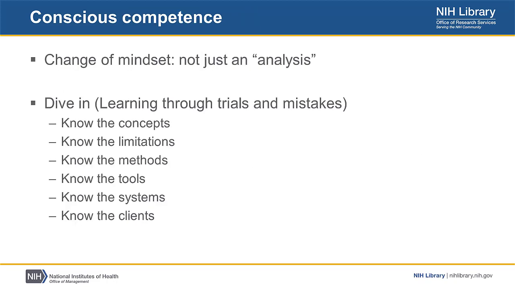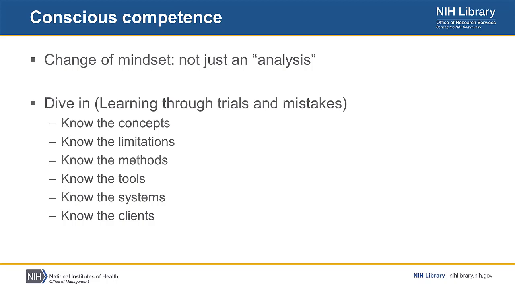So that actually leads me to the conscious competence, to the major change of mindset that bibliometrics is not just an analysis of numbers. It actually has to do with a lot of other things. Say, for example, it has to do with data visualization, which is something that is quite new to me.